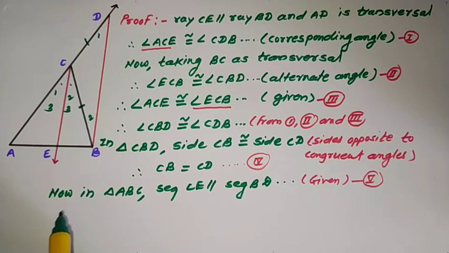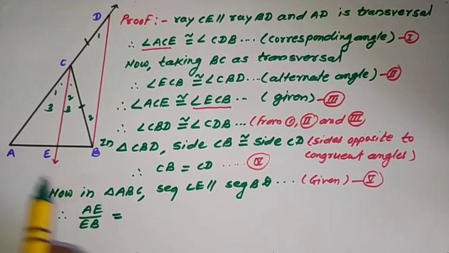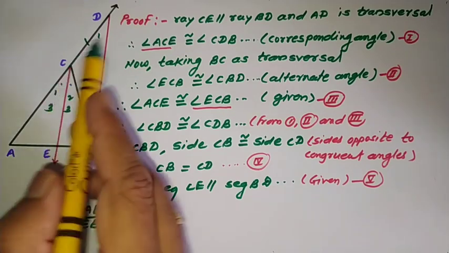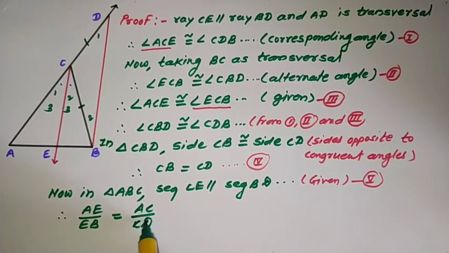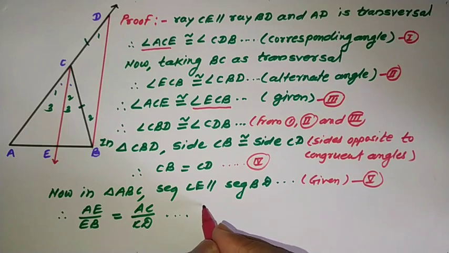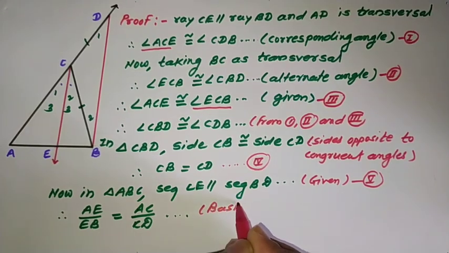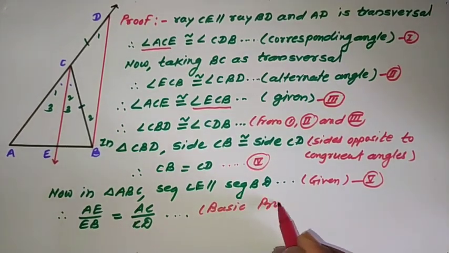Therefore, by the basic proportionality theorem, AE upon EB is equal to AC upon CD.